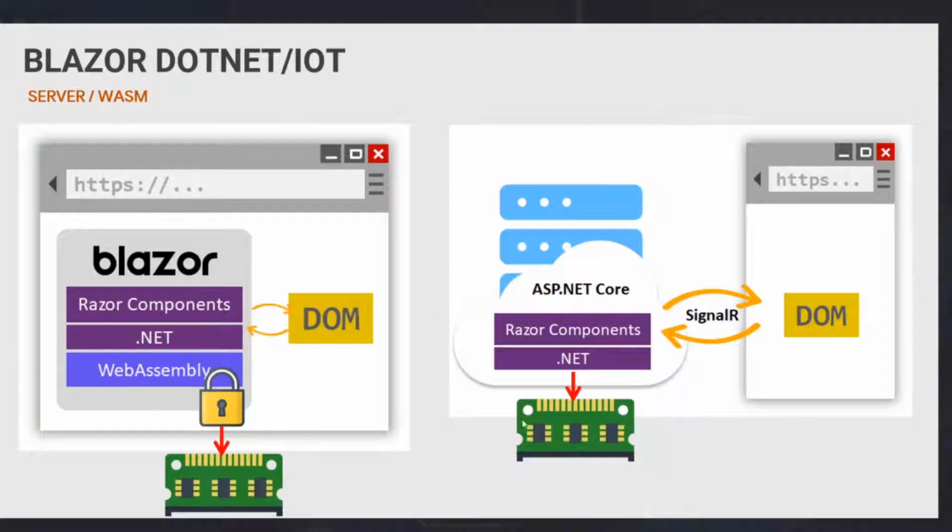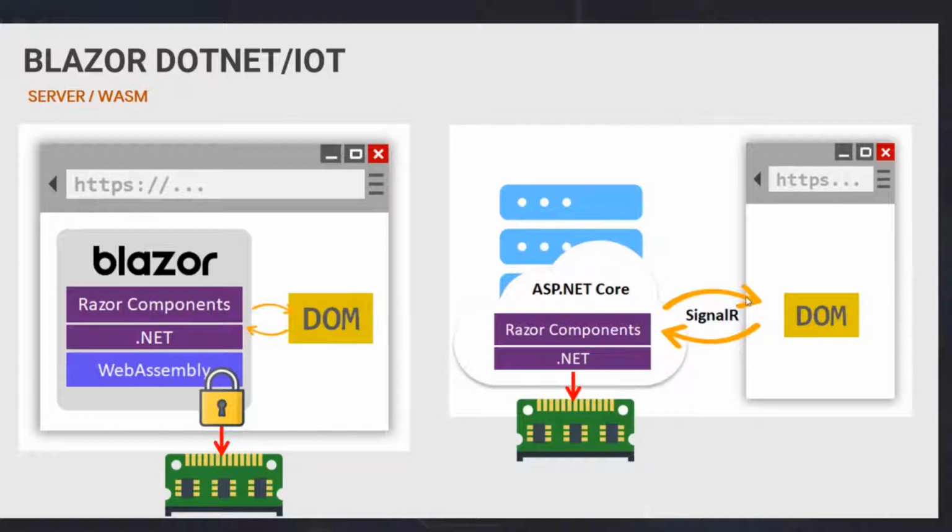And on the server side, this is cool. Use the server mode on the embedded device, because the server is the device itself, right? We don't have the server in a cloud. The device itself is our server.